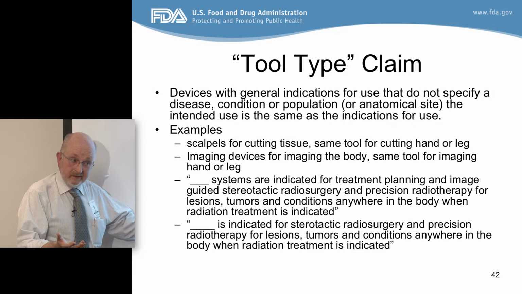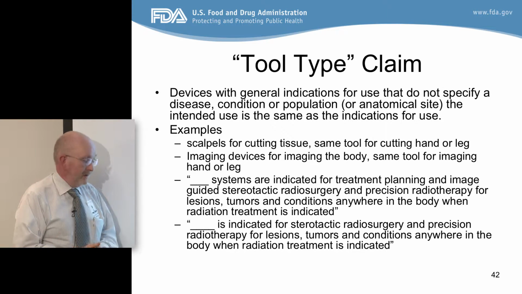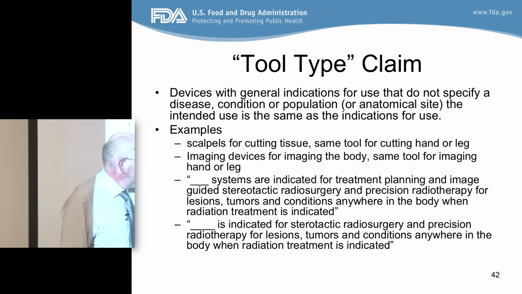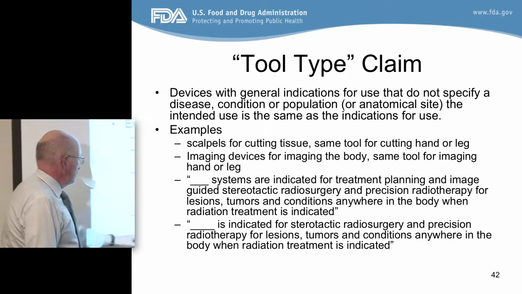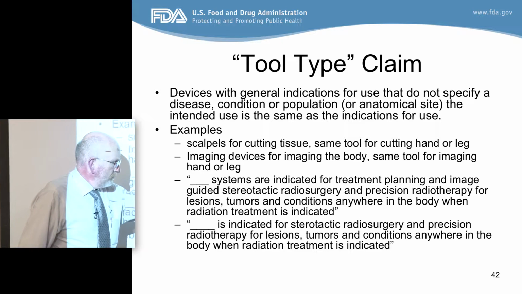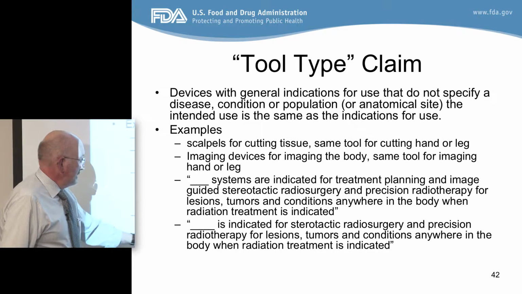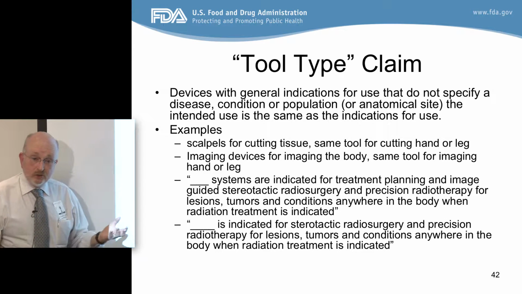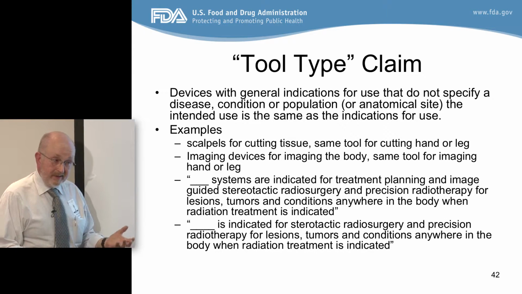We've been using linear accelerators for a long time. Likewise, X is indicated for stereotactic radiosurgery and precision radiotherapy for lesions, tumors, and conditions anywhere in the body when radiation treatment is indicated. Again, that's a tool claim, a general indication for use, nothing wrong with it.